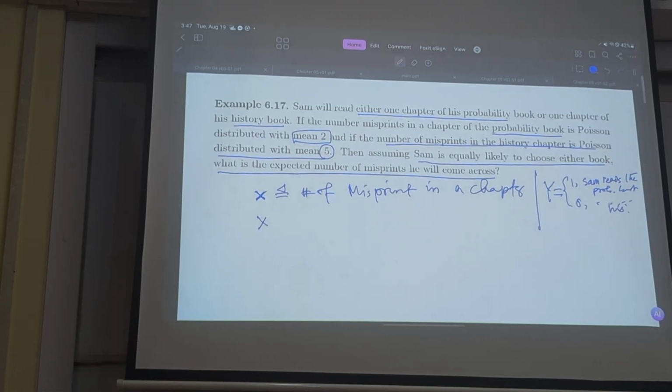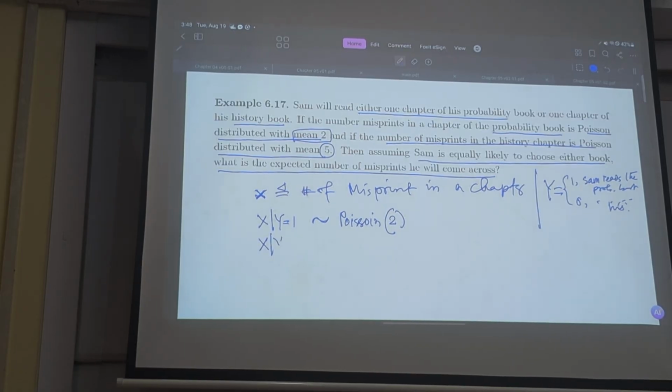Then X given Y equal to 1, what is the distribution? Is it available here? Yes, the number of misprints X is Poisson distributed with mean 2. That means this distribution is Poisson with lambda equal to 2.